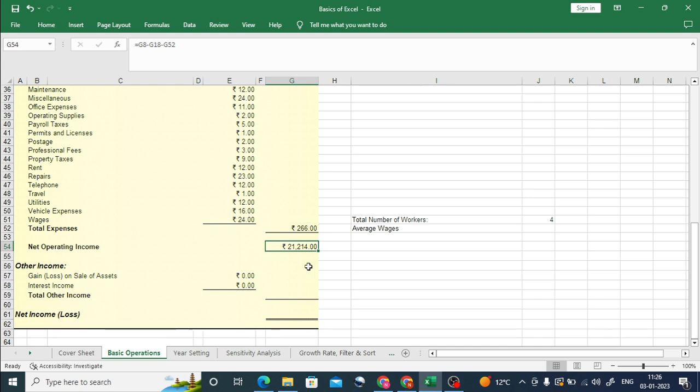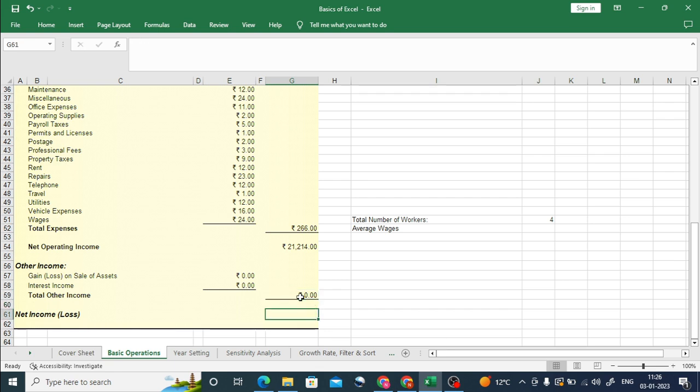Next, we have to calculate the total other income. The total other income being equal to gain loss on sale of assets plus interest income. Since both the figures are 0, obviously our total other income will be also 0.